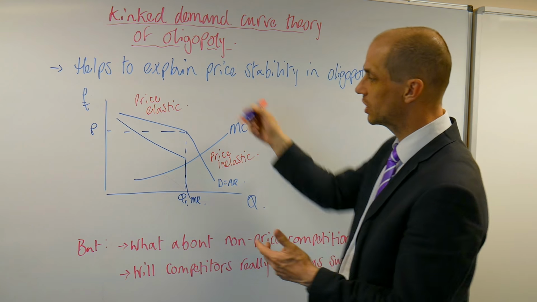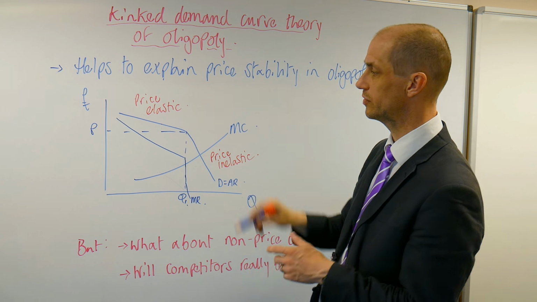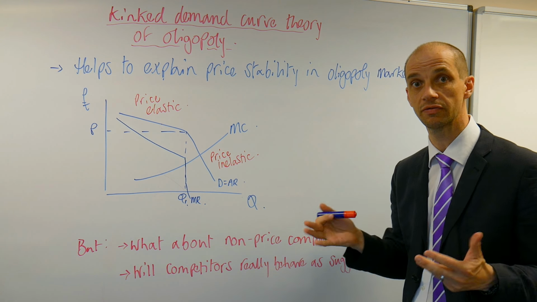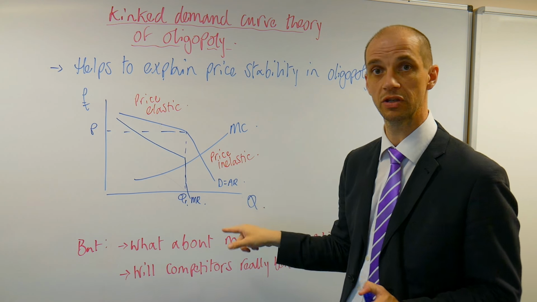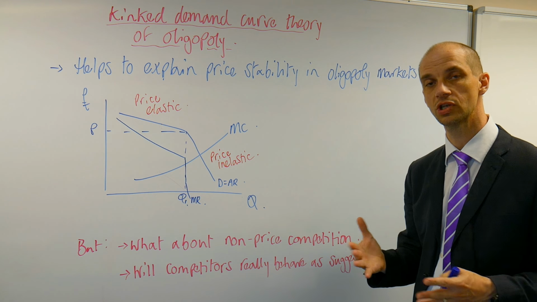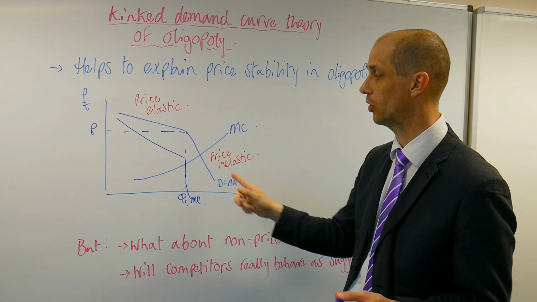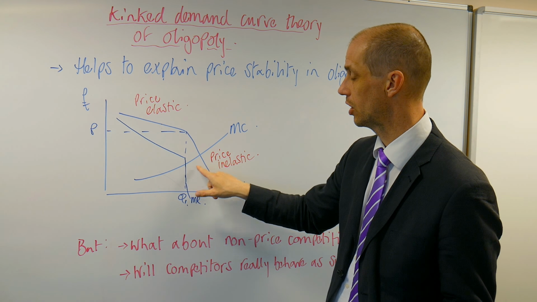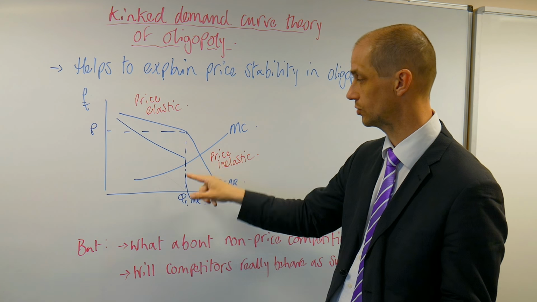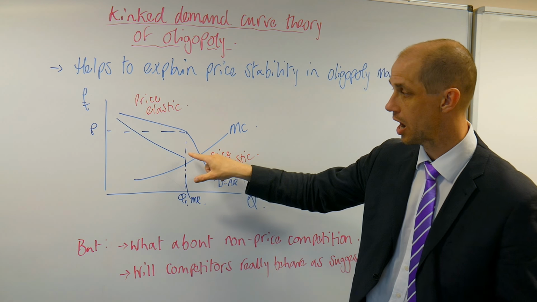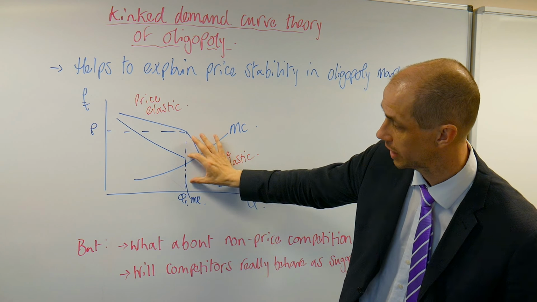Now, because there is this kink in the average revenue curve, it also means that the marginal revenue for the firm will also have to kink. That is an important point to bear in mind, and we see this here. There is in effect a discontinuity in our marginal revenue right here.